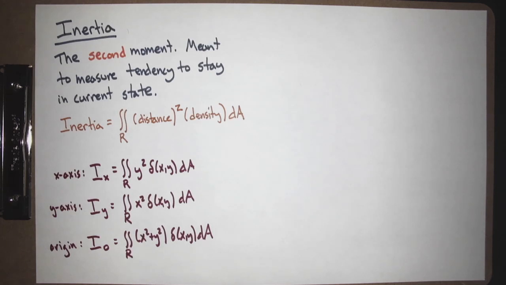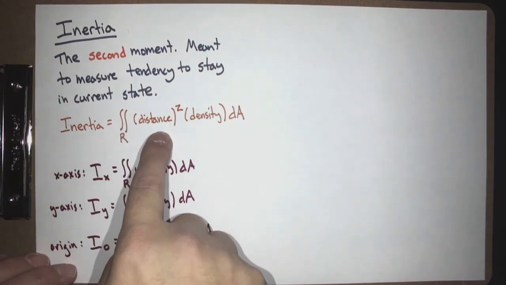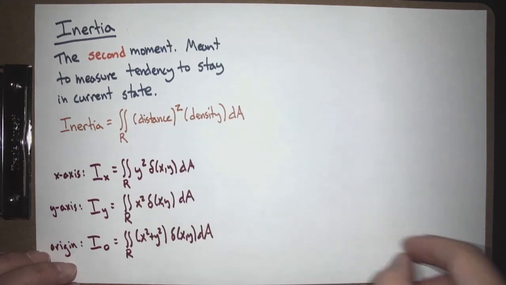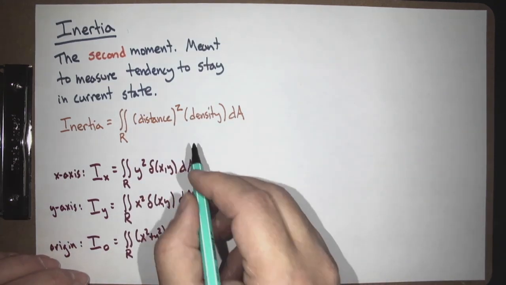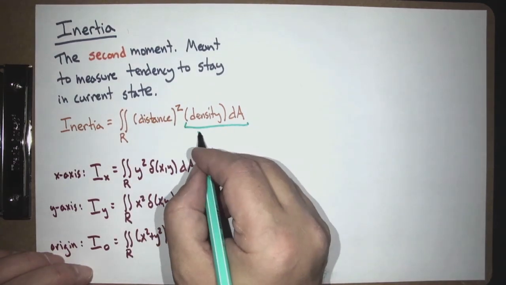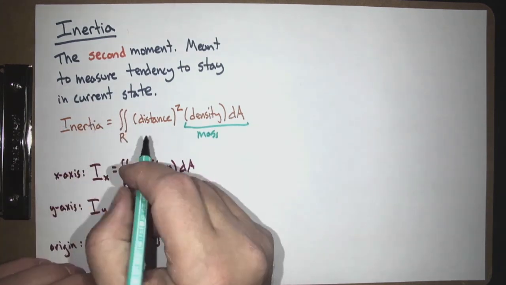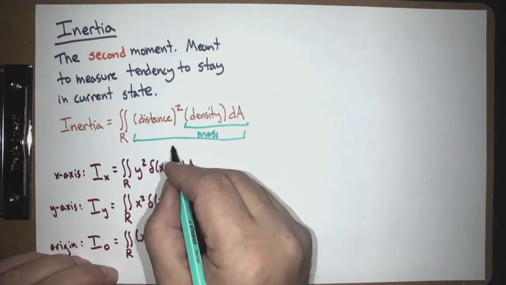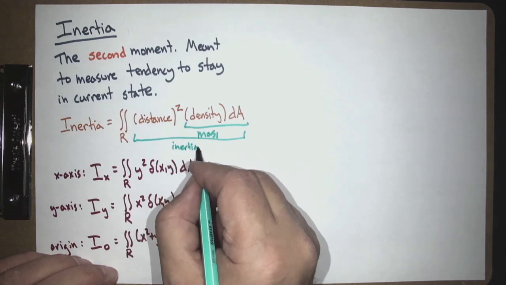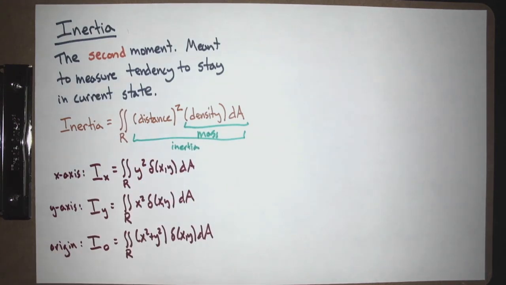The key to remember is inertia is distance squared density dA. Again, this density dA is just saying the mass. So it's mass times distance squared. And so that's the inertia of one little piece, and then you add the pieces up. And we only talk about inertia in the plane, at least as far as I know. We've never historically given an inertia problem in 3D.